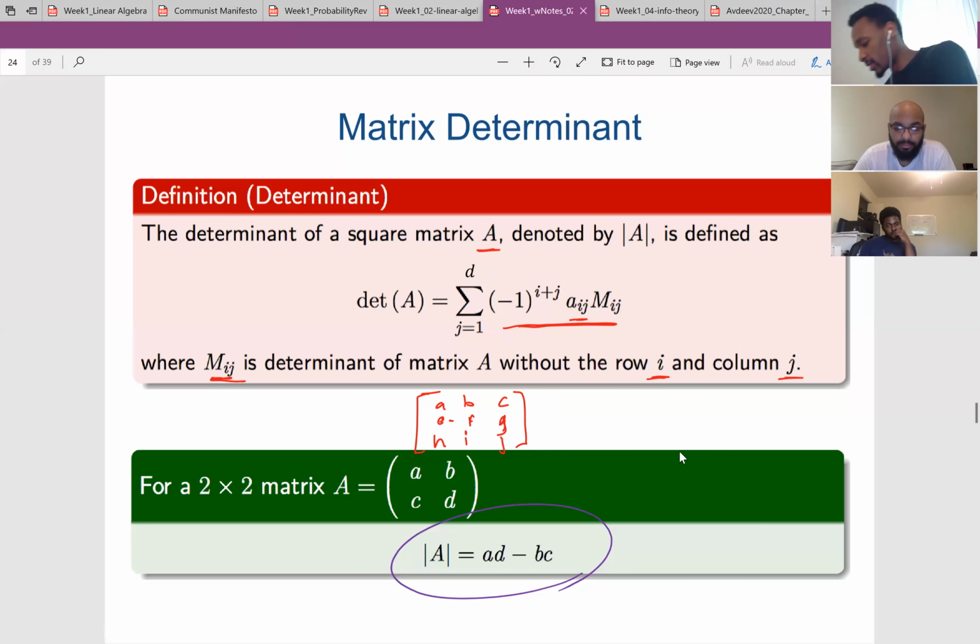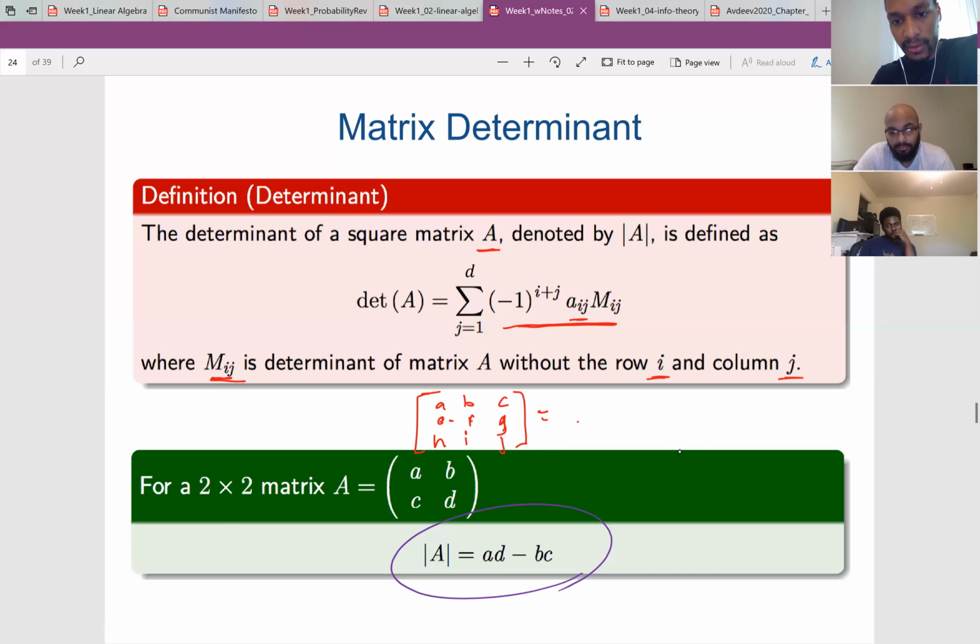If we're going to use this formula to compute a determinant, if we're at i and j, so let's say we're at 1 and 1, let me just write it down.